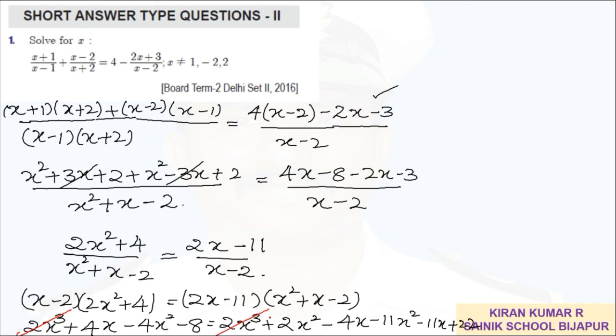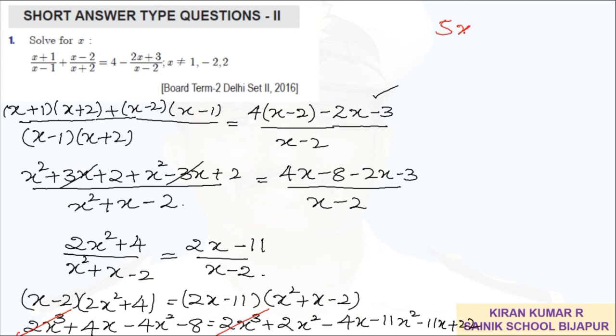Then here we have 2x square minus 11x square, it becomes minus 9x square. When we transpose this side, it becomes 5. So let me write the equation obtained.